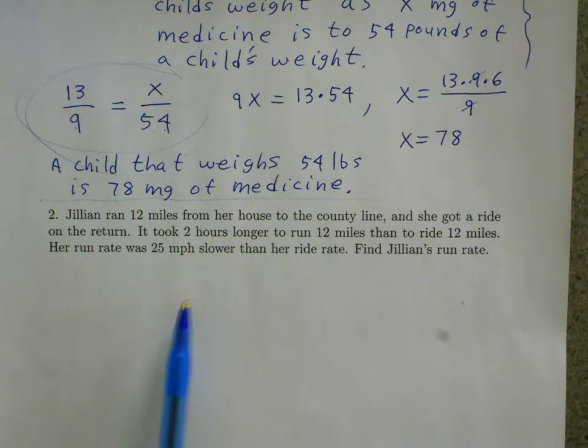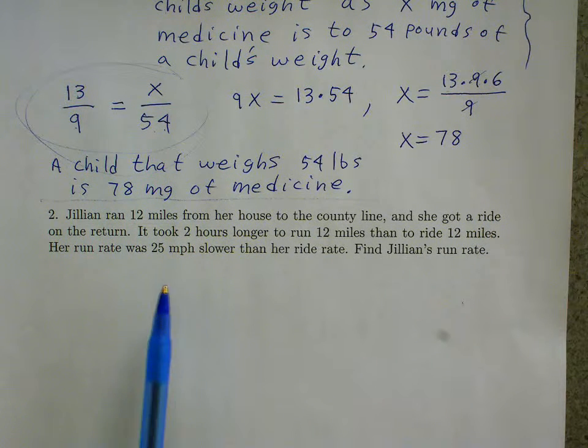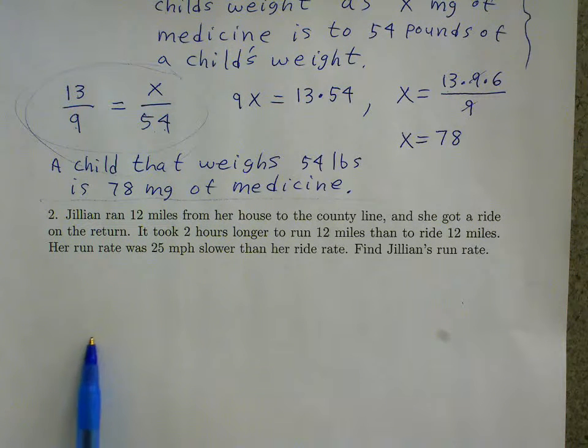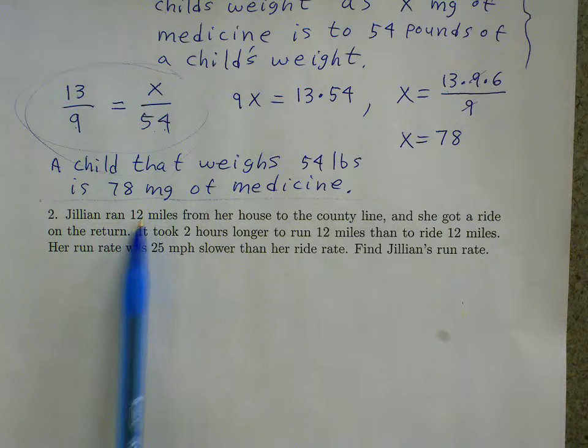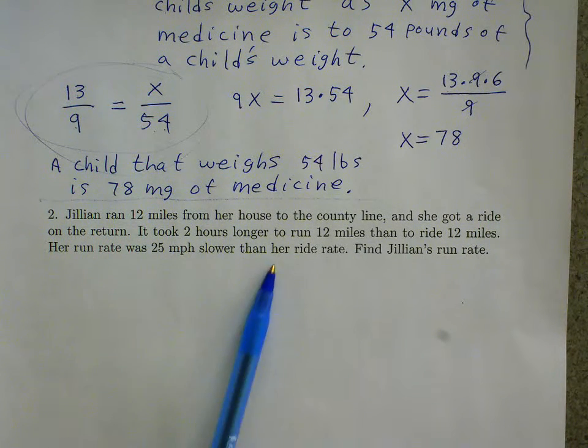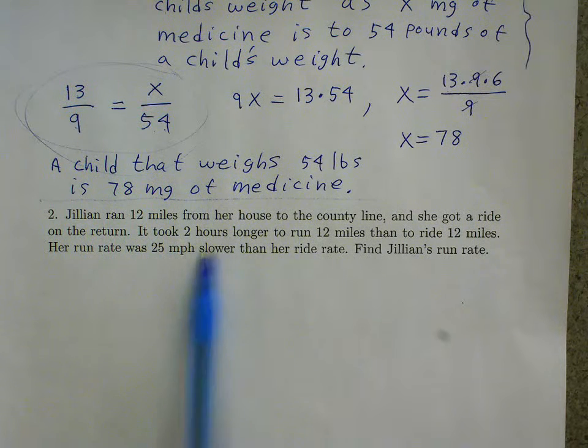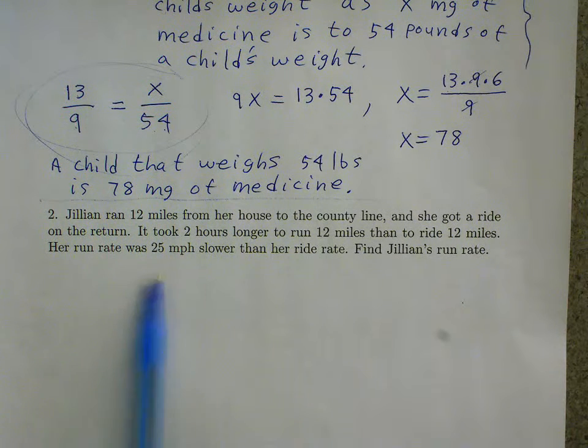What sort of equations will we need for this one? So distances are given. Times are given, and rates.